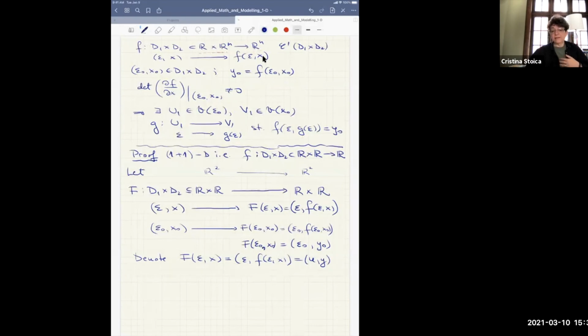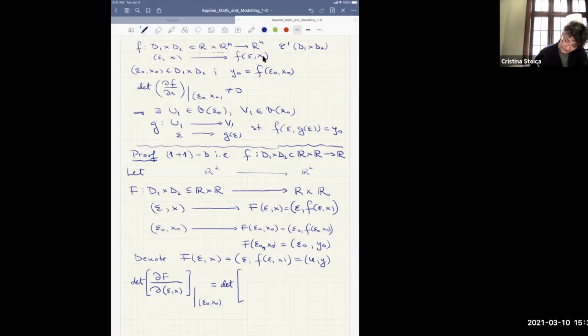All right, and this capital F is actually ready to work with the inverse function theorem. How come? How was it in the inverse function theorem? It was the determinant of dF, the Jacobian, computed at (ε₀, x₀). But what is the Jacobian of this function?